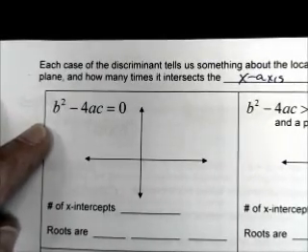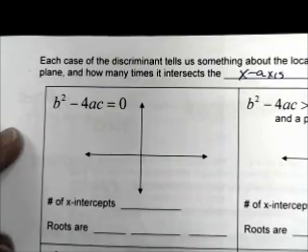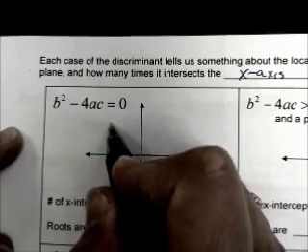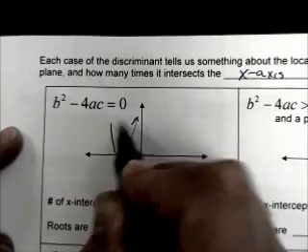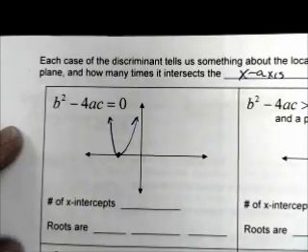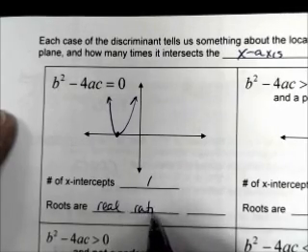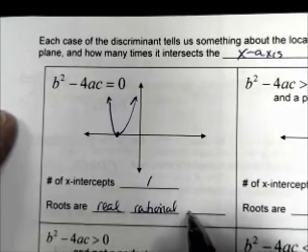If your b squared minus 4ac comes out to equal 0, then the number of x-intercepts is just 1. So we might have something that looks just like this. We would have a parabola that touches the x-axis at just 1 point. These roots would be real, rational, and equal.